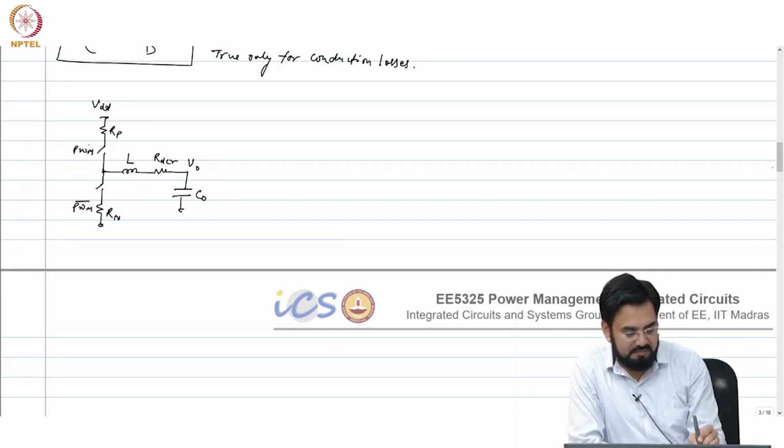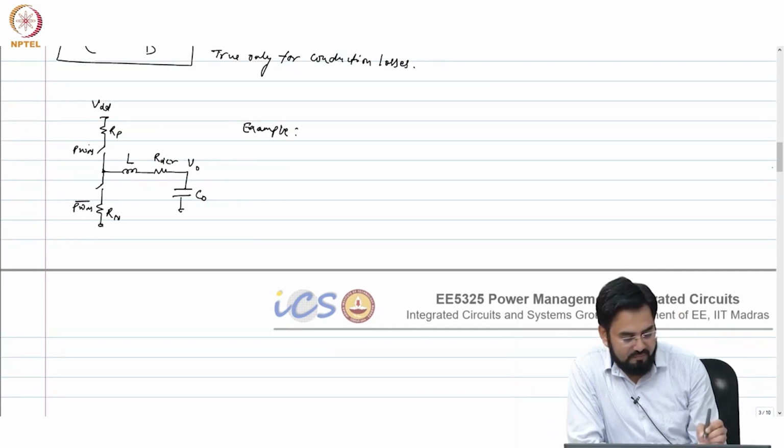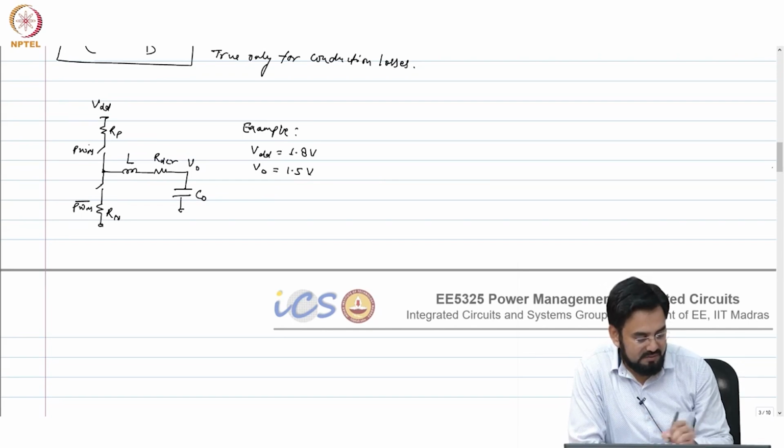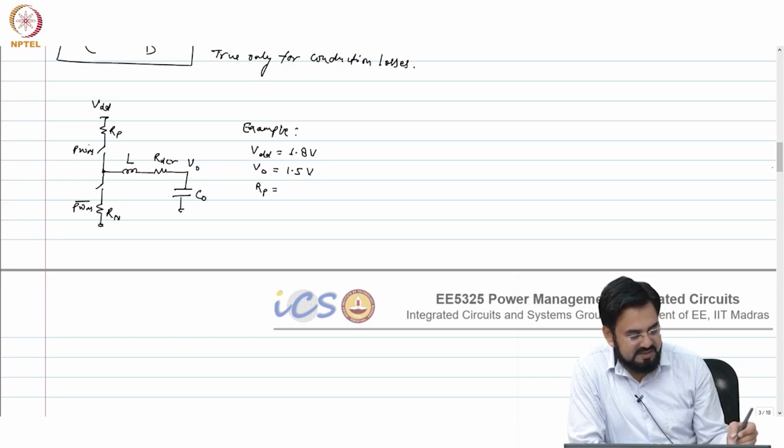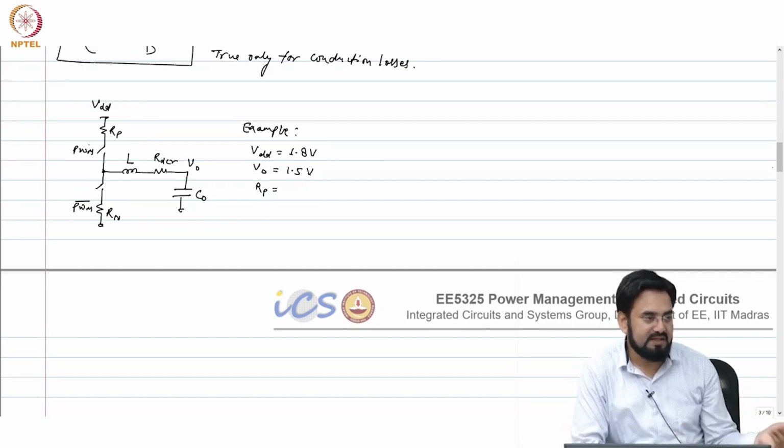So, let us take an example where VDD is 1.8 volt, V out is 1.5 volt, and RP is, let us say, so for simplicity I am considering both RP and RN the same.